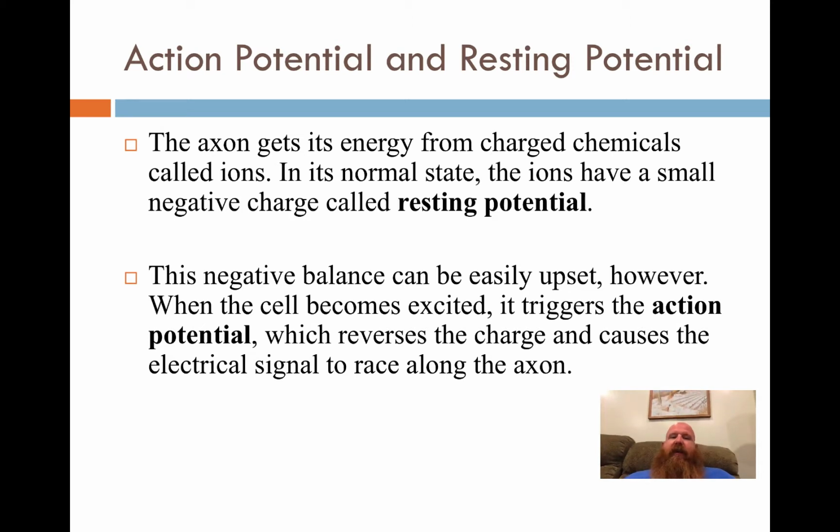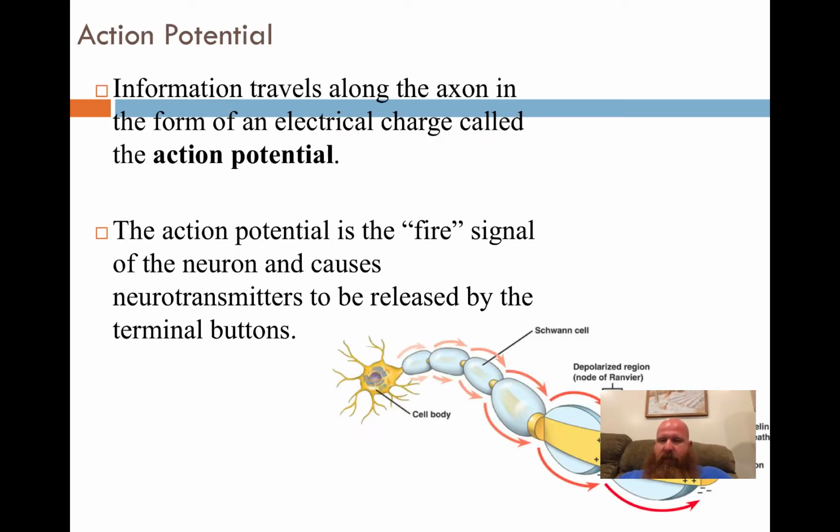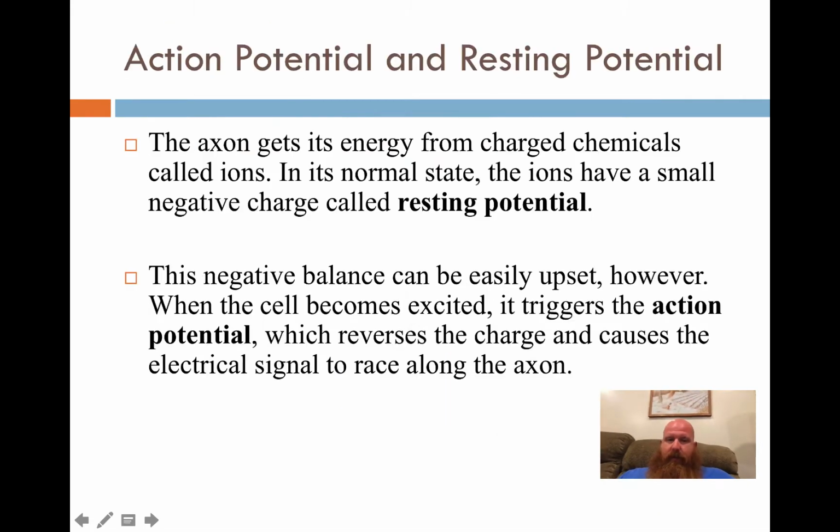The axon gets its energy from charged chemicals called ions. In its normal state, the ions have a small negative charge called resting potential, and this shows it's negative on the outside of the cell. When it's resting, or when it is not firing, it is also negative on the inside. When the cell decides to send that signal, the negative balance can be easily upset.